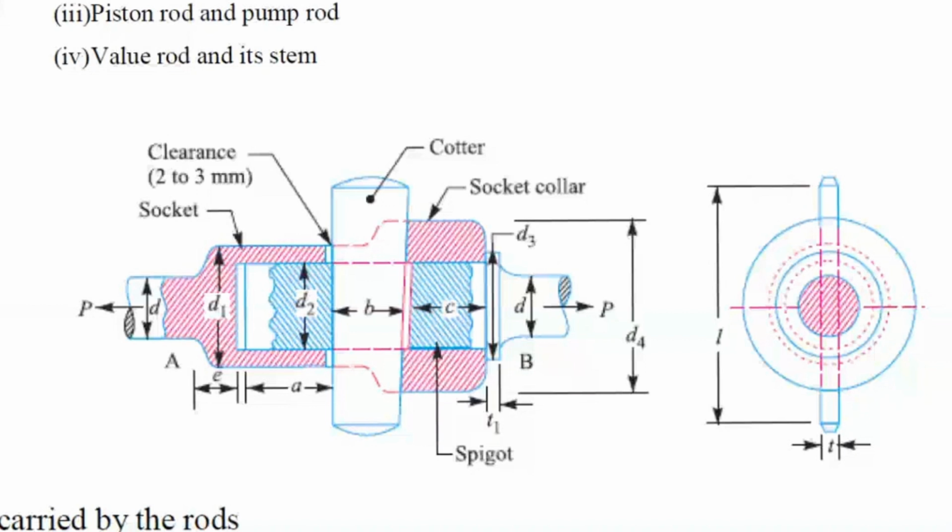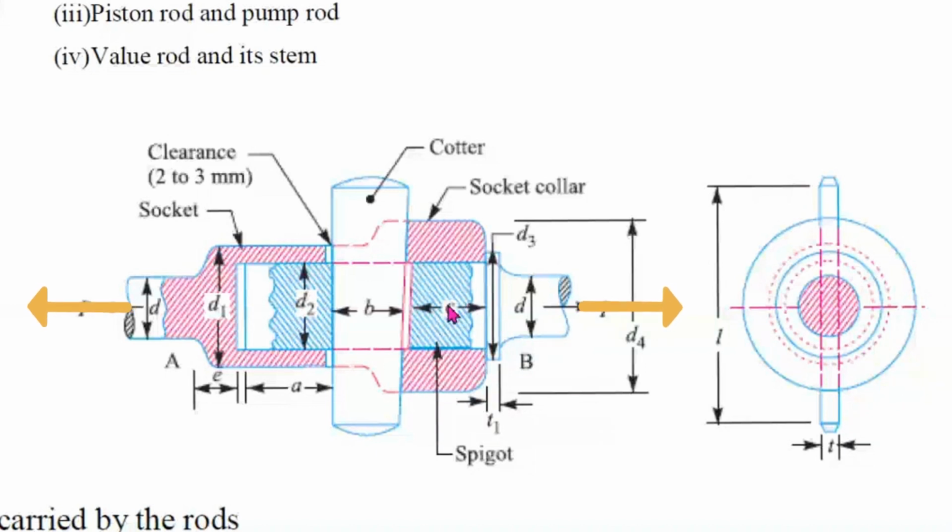Have you understood this? You can see it here. This is the spigot, the blue color. This is pulled from this side, so this entire spigot is pulled in this direction. At the same time, this socket, which is pink color, is pulling the spigot in this direction, and because of this collar, the spigot is pulled in this direction also.